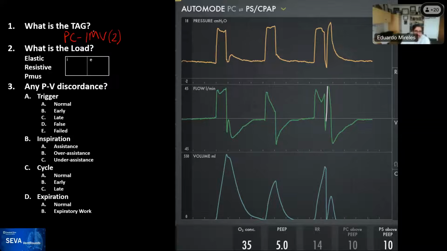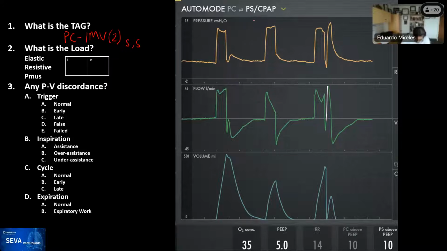But the targeting scheme for this one is SS, and that's important to know. There's different types of auto mode. This is one of them that has pressure control and pressure support, and for those we have to enter the value for the pressure control above PEEP, so we put 10 here, and for pressure support 10.